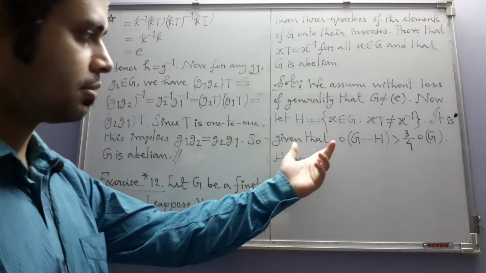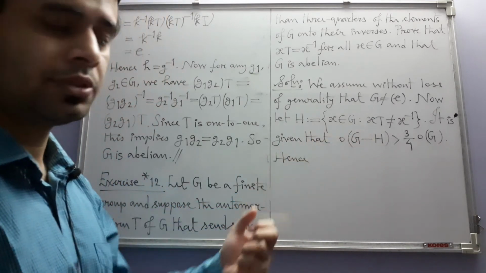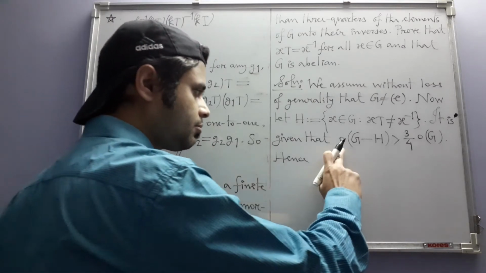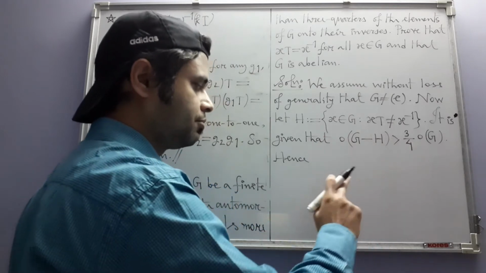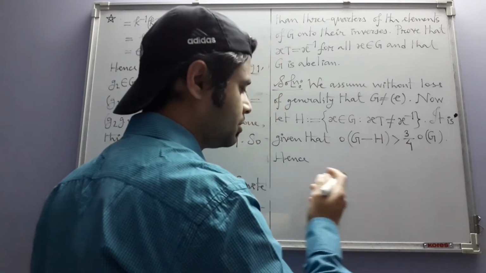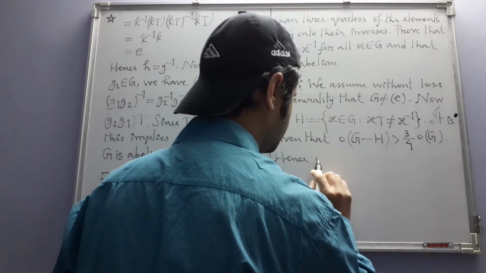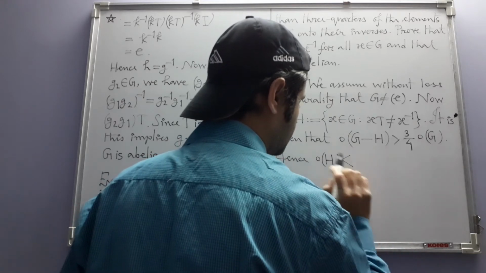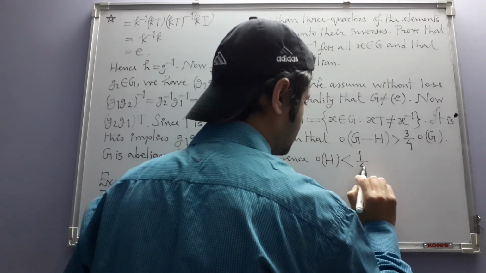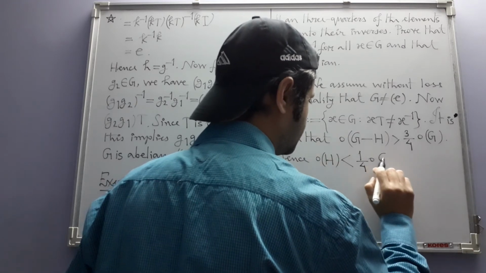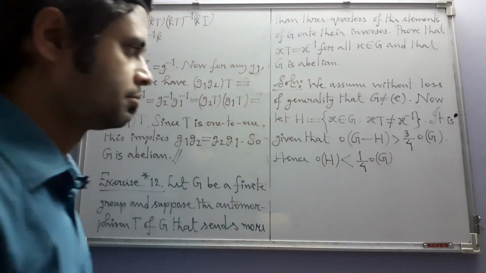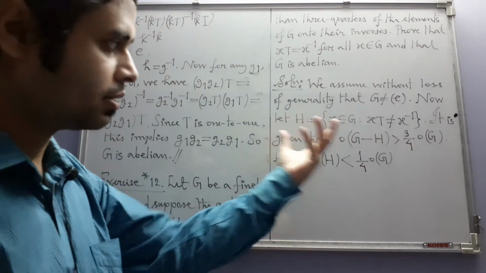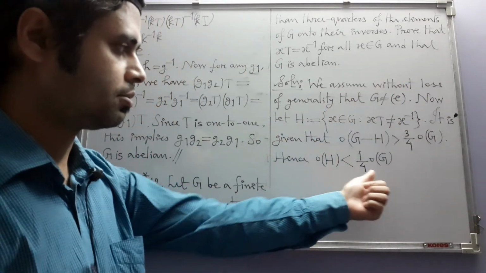You can of course solve this inequality for order of H. This will be order of G minus order of H, and if you do the simple calculation, you will see that order of H must be less than 1/4 the order of G, because order of G minus 3/4 of order of G will be greater than order of H. So you get this.